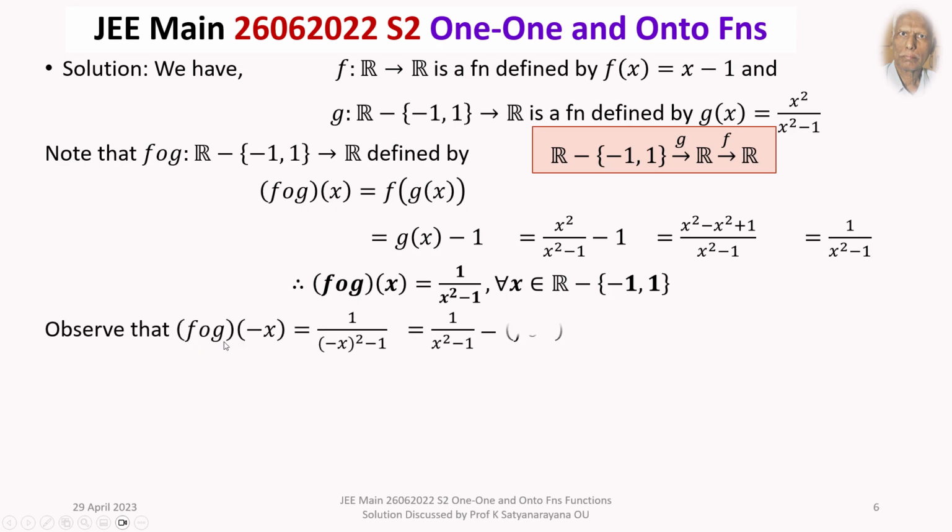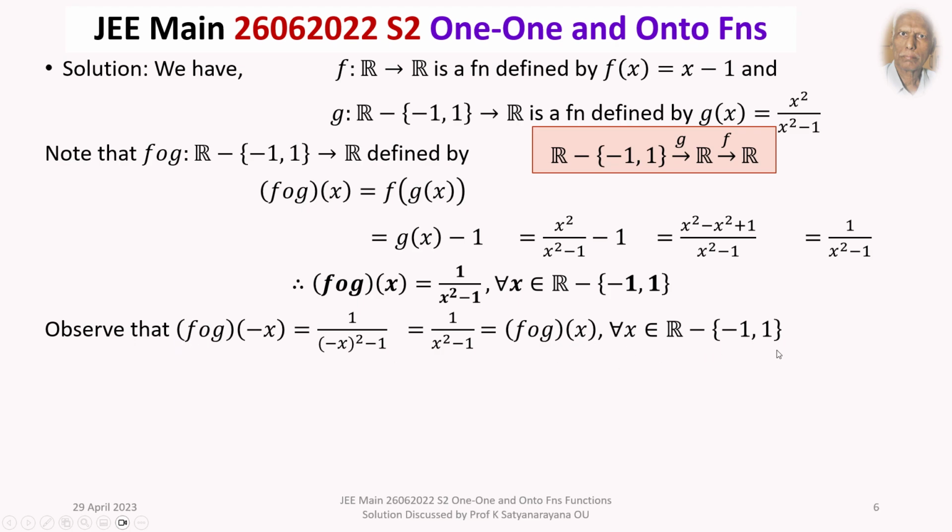Now we talk about whether this f compose g is one-one or not. Observe that f compose g of minus x is equal to 1 by, wherever there is x you write minus x, whole square minus 1 in the denominator, that is equal to 1 by x square minus 1, that is equal to f compose g of x for all x belongs to the domain of f compose g.